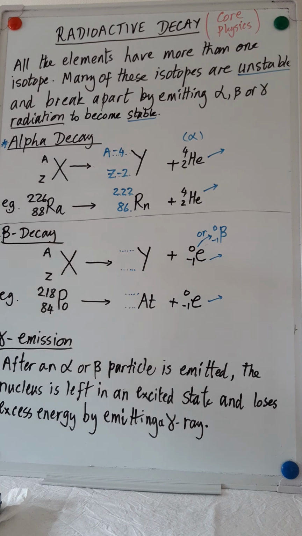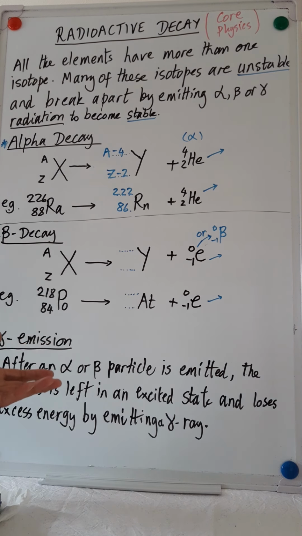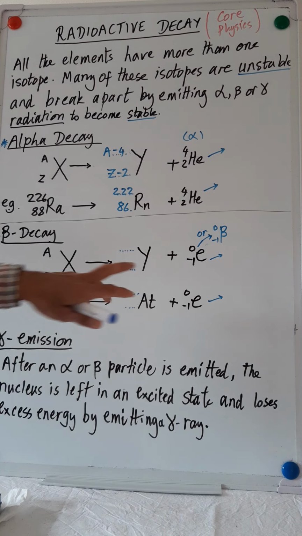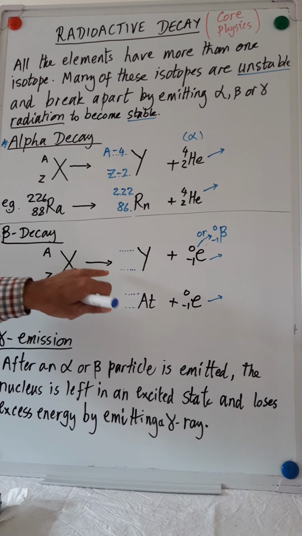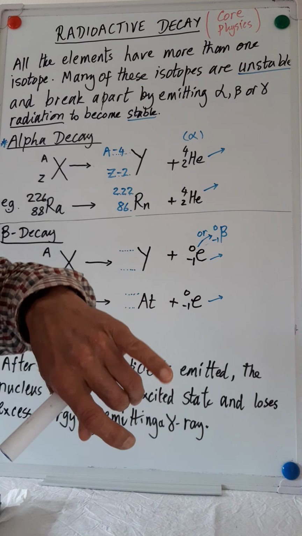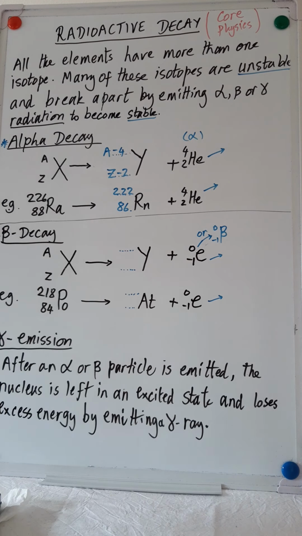Now, what happens in beta decay? Now, beta is an electron which is negatively charged. Now, you might say, where on earth did electrons come from in the nucleus? The nucleus is made up of protons and neutrons. But what happens in this case is that one of the neutrons changes to a proton by emitting an electron, or a beta particle.